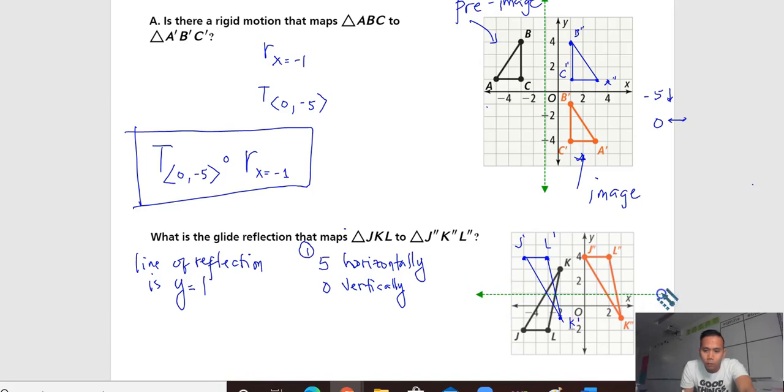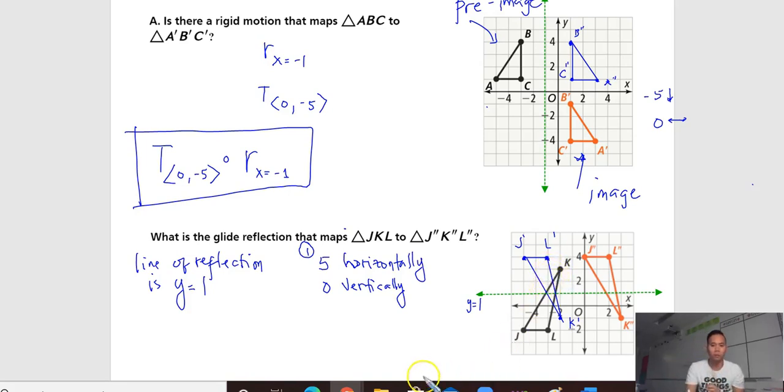It's here. Okay, so that is the reflection. So the first thing they have to do is reflect, and then they move 5 units. So you see here, your black triangle JKL reflects along y is equal to 1. That's why we have the blue image. And then the blue image is translated right after.